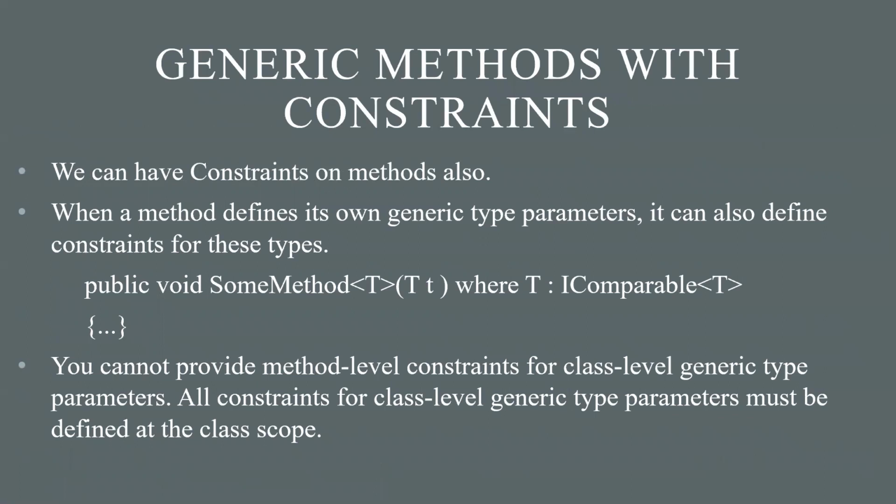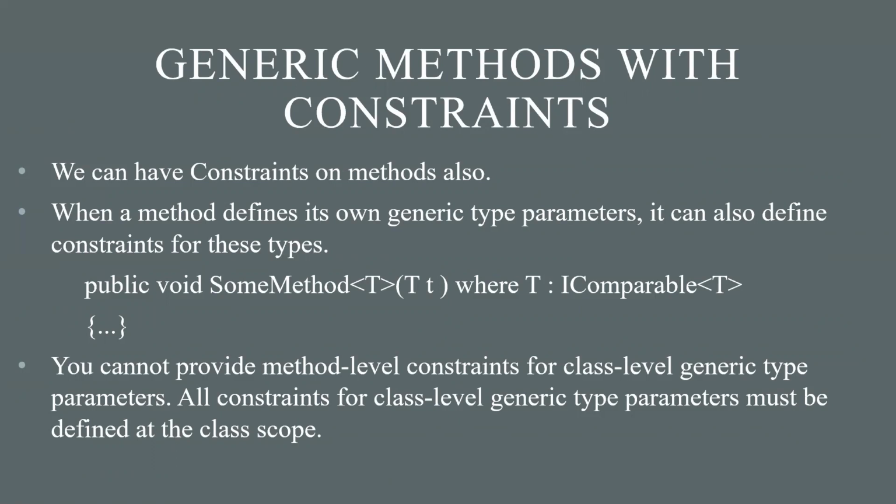We can have constraints also on the methods, like we have in the class. So when a method defines its own generic type parameters, it can also define constraints. Like we have a method here, Sub method, its data type is generic. So we are specifying here that the parameter for this can be only IComparable. IComparable is an interface which is used to compare values, an inbuilt interface in the .NET Framework.